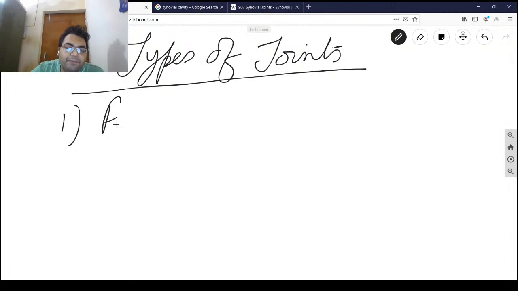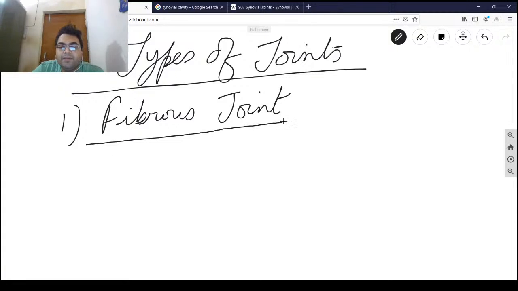Number one is the fibrous joint. In a fibrous joint, there is no synovial cavity, always remember.